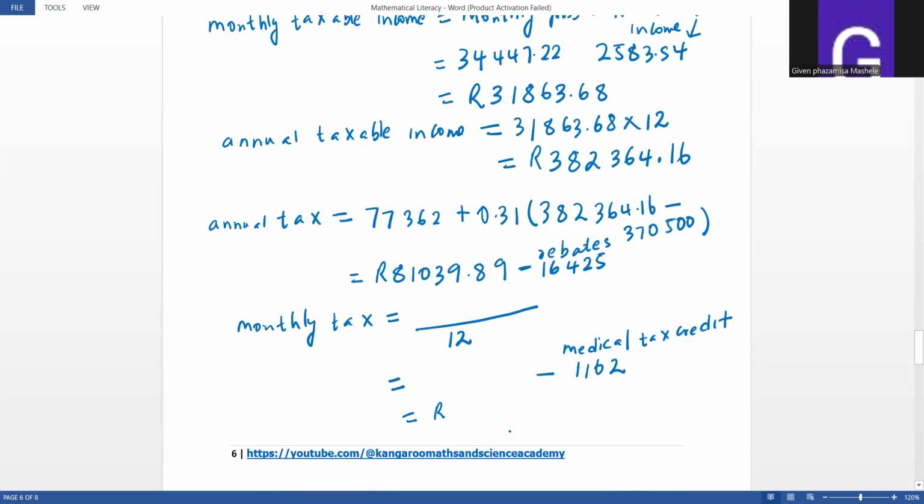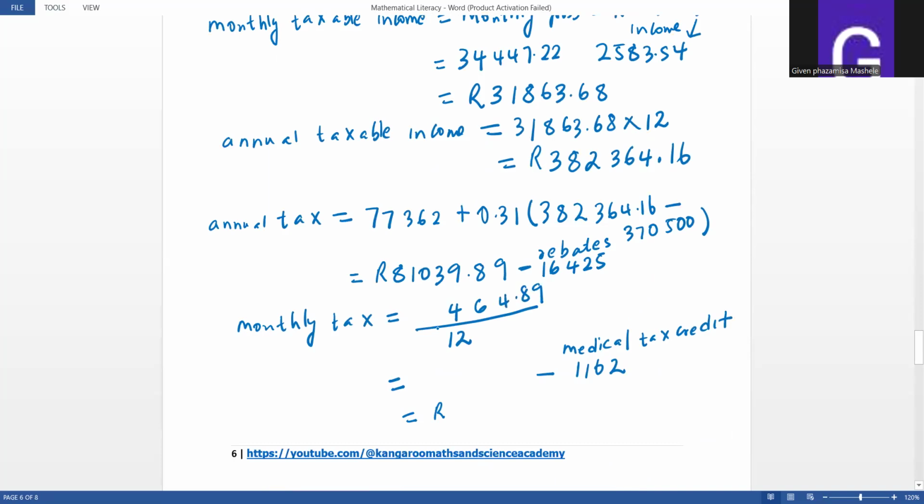So it's 81,039.89 minus 16,425. This will give us an amount of 64,614 rand 89 cent. So we divide that by 12.